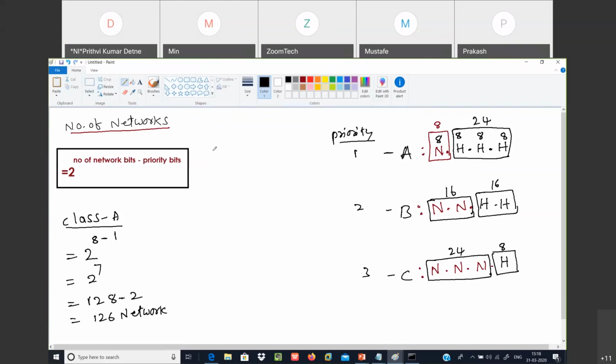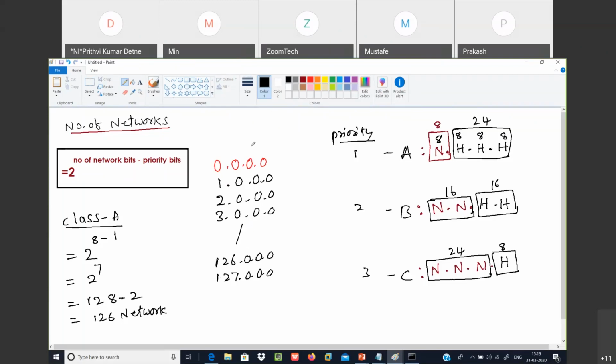Class A range is 0.0.0.0, next 1.0.0.0, 2.0.0.0, like 3.0.0.0, up to 126.0.0.0, like 127.0.0.0, right? This is the class A range completely.